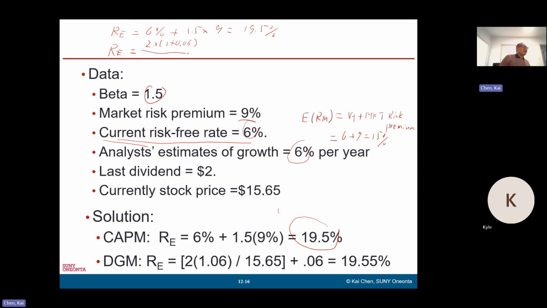Then divided by P0, the current price, $15.65, then plus g, which is 0.06.